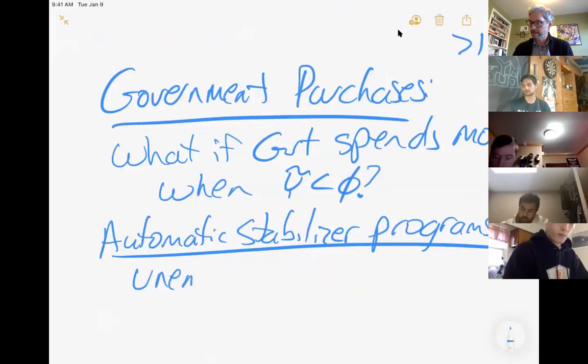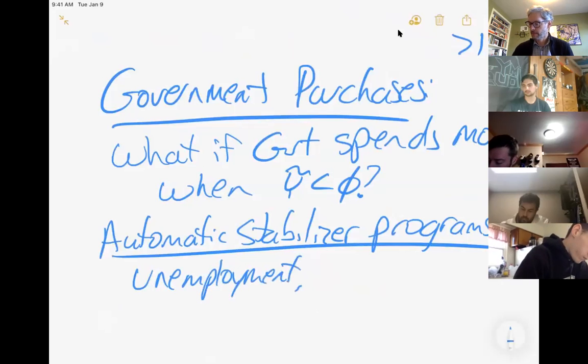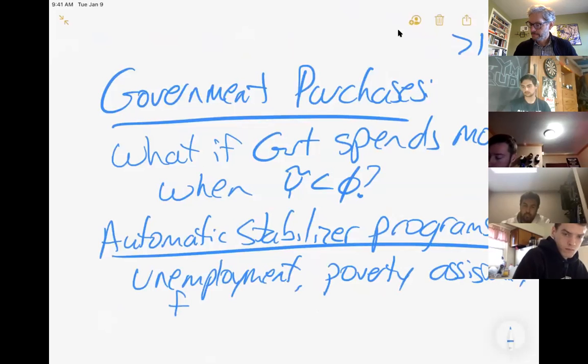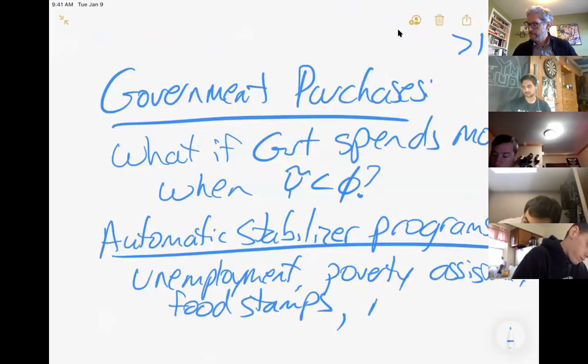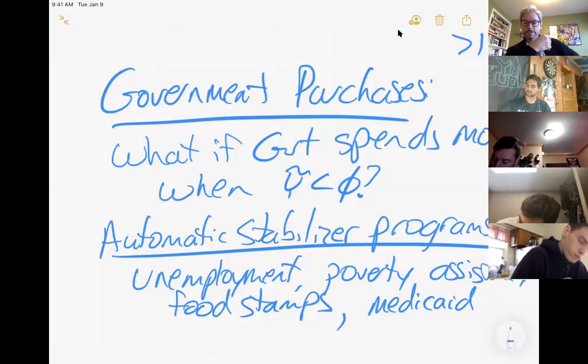These are things like unemployment, poverty assistance, food stamps, Medicaid. These are just some of the automatic stabilizer programs that we have in the US. And what happens is that when we go into recession and people's incomes fall, more people qualify for benefits from these kind of programs. In other words, government spends more when short-run output is negative. We've certainly seen that during COVID, right?